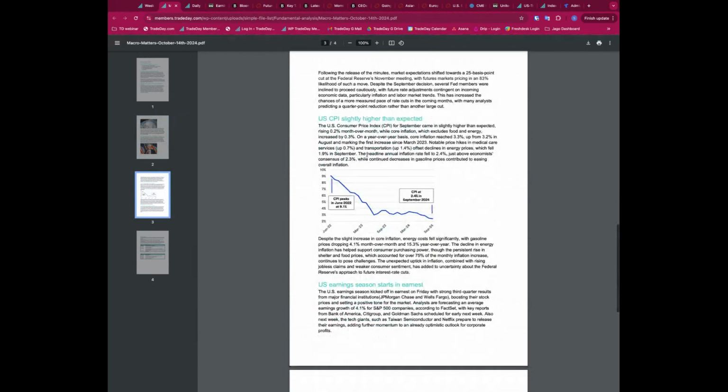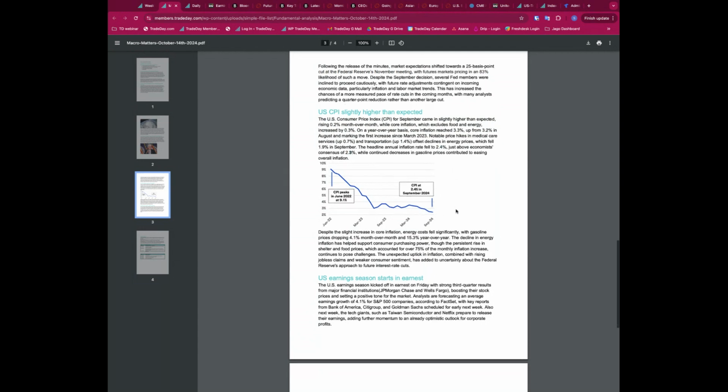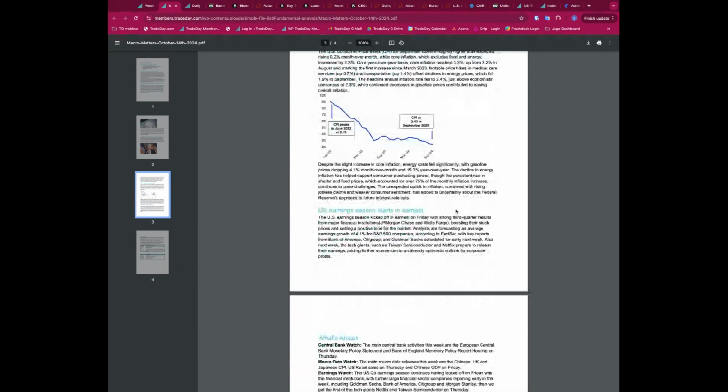This has probably been further reinforced by the US CPI data, which came in slightly higher than expected. The headline annual rate is down to 2.4%, which is above the consensus of 2.3%, but still heading in the right direction lower, towards that Fed target of 2%.